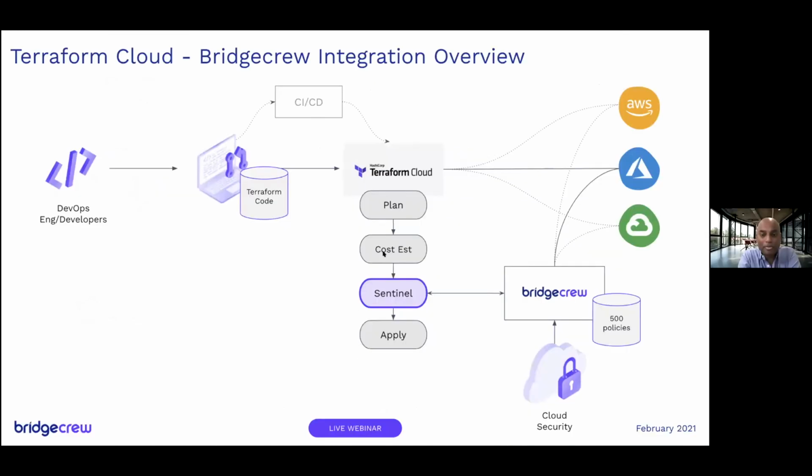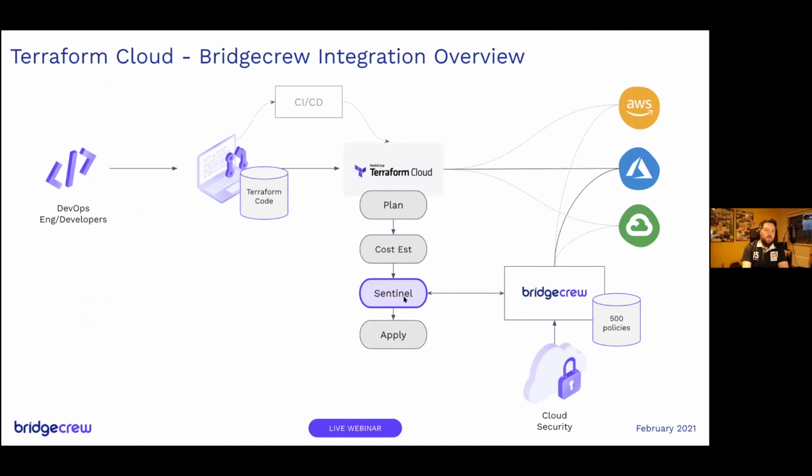Right. And then talking about the Bridgecrew integration, we'll touch on this as we dive into the demos. The way this works is that the guardrails, the Sentinel part of Terraform Cloud, is pluggable.